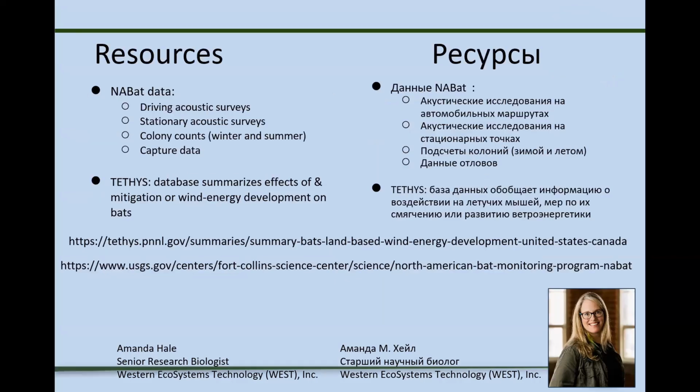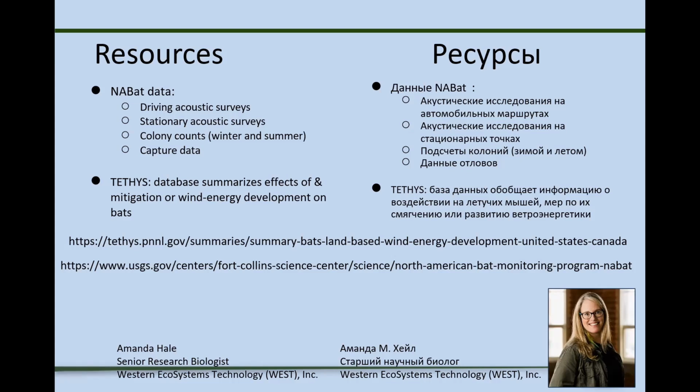So there are some resources for bats. There is something called NA-BAT, which is really focused on North America, but they have good descriptions of the methodology that you might want to use. And you can use this methodology in Kazakhstan or Central Asia or anywhere.